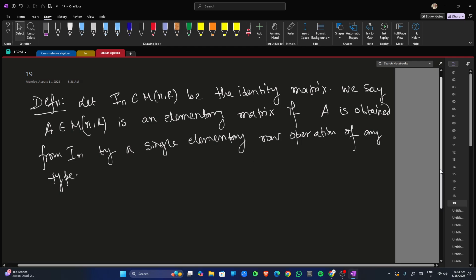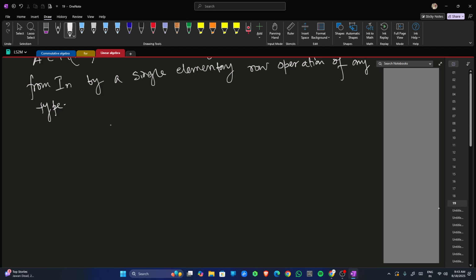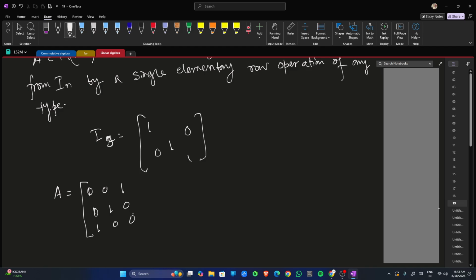That is, suppose I n is the 3 cross 3 identity matrix I3, with rows 1 0 0, 0 1 0, 0 0 1. If you apply an elementary row operation once, suppose you want to swap the first and third row, it becomes 0 0 1, 0 1 0, 1 0 0.